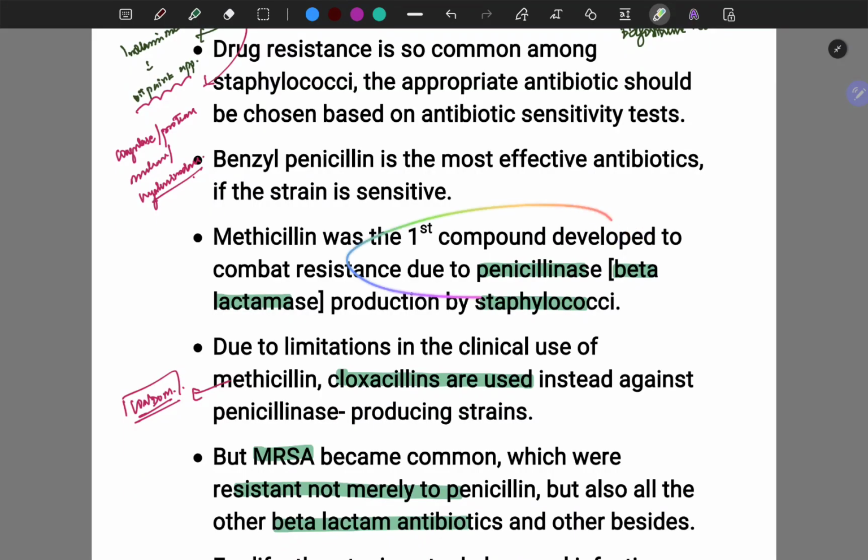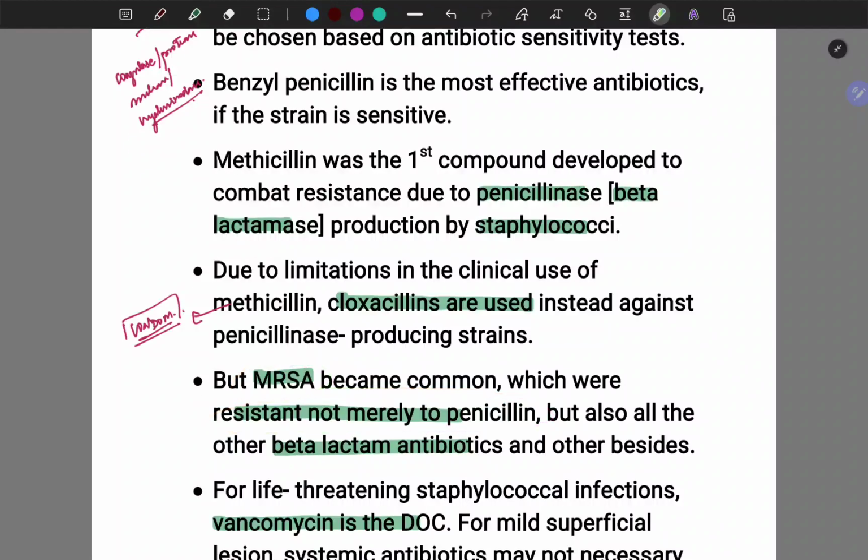Methicillin was the first compound developed to combat resistance to penicillinase, which is beta-lactamase production by the staphylococcus. Right. So now MRSA is resistant not merely to penicillin but also to other beta-lactam antibiotics and other medicines. So now vancomycin is the drug of choice.